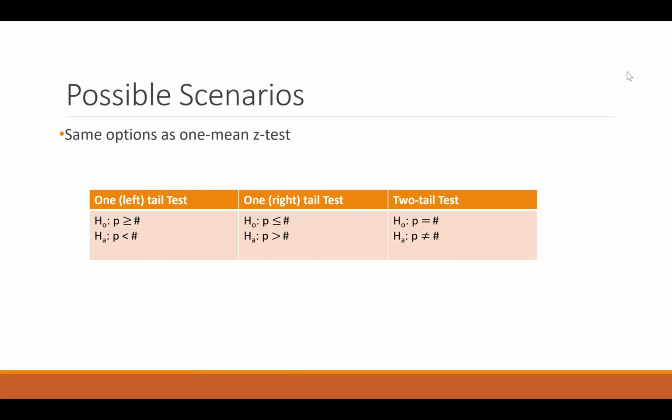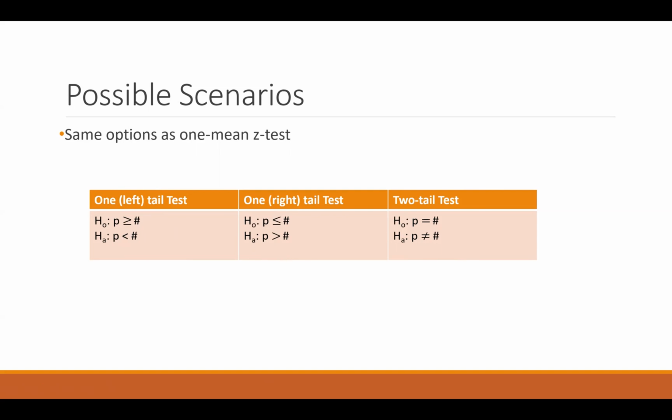The different scenarios that we have for the 1 proportion test are the same as we have for the mean. You can have an equal and not equal, which is your 2-tailed test. You can have less than, which is your left tail test, or you can have greater than. It's the same three scenarios.